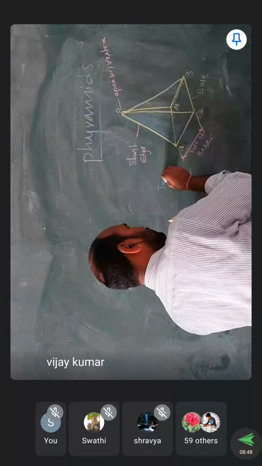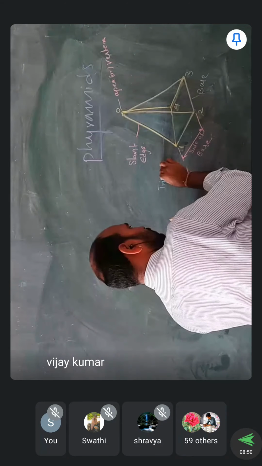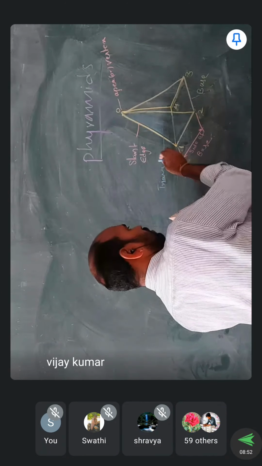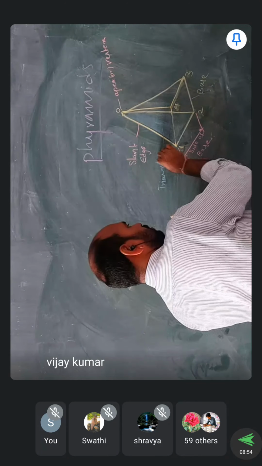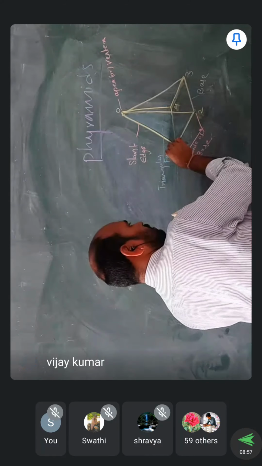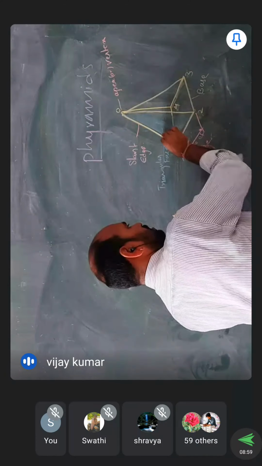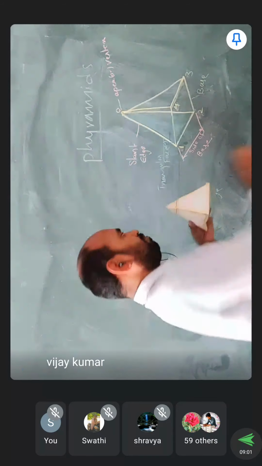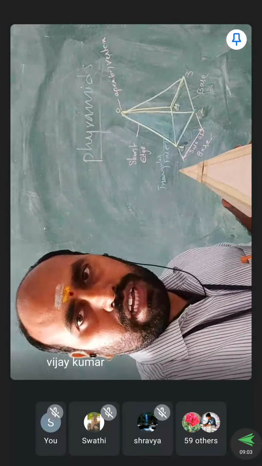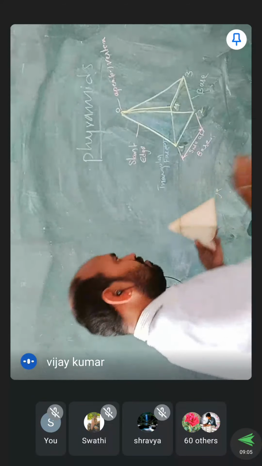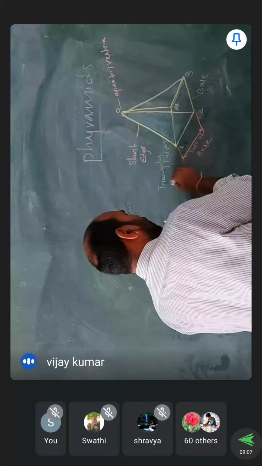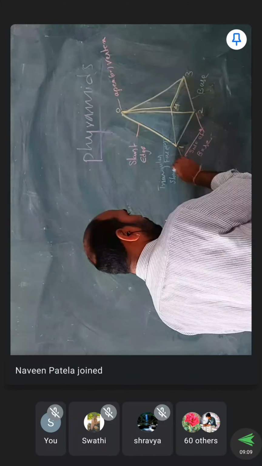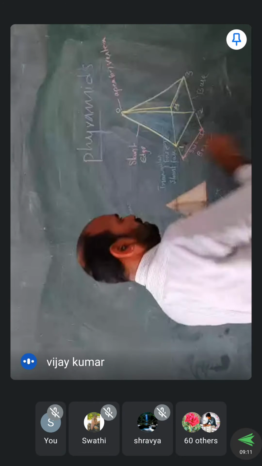So this is called a triangular face, which is also nothing but a slant face. Slant face.